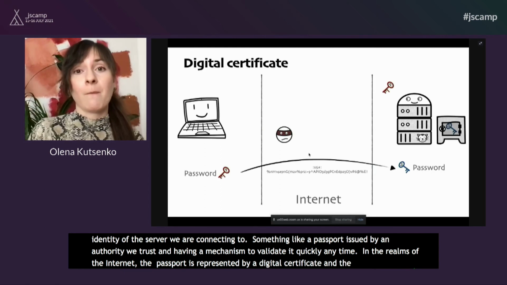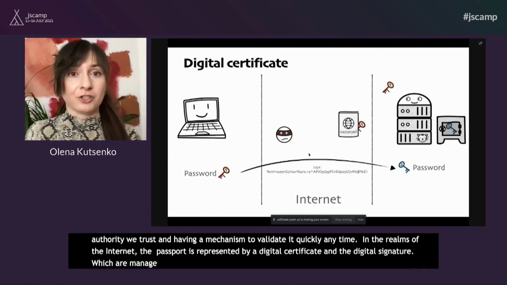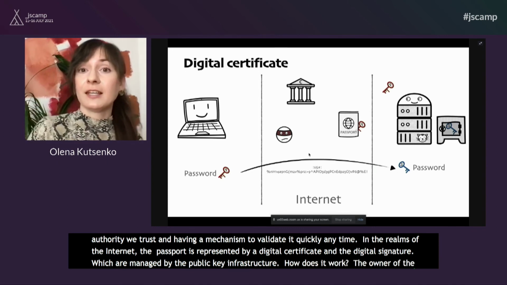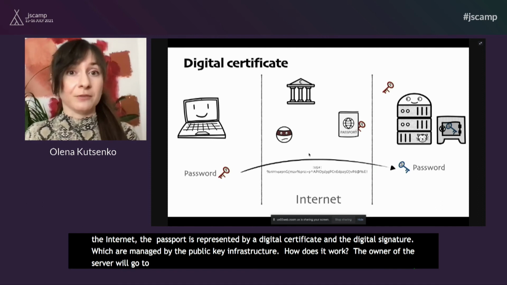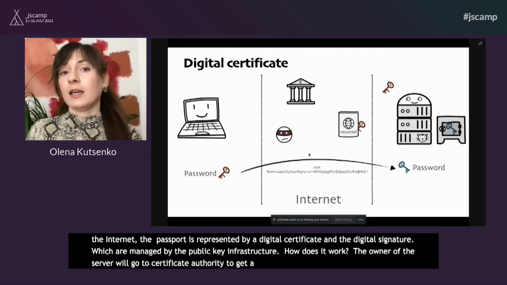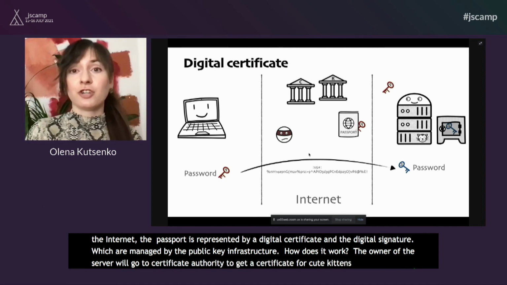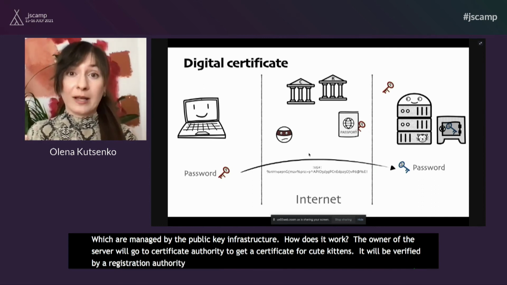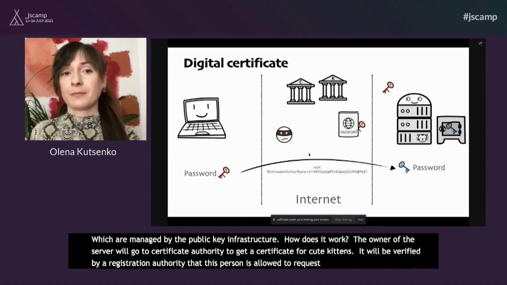How does it work? The owner of the server will go to a certificate authority to get a certificate for cute kittens. It will be verified by a registration authority that this person is allowed to request a certificate for this website.